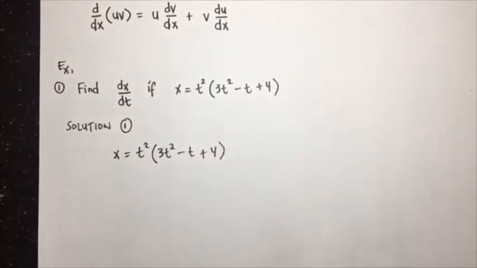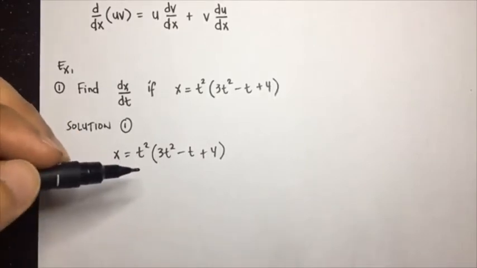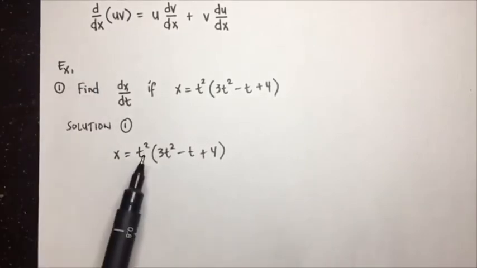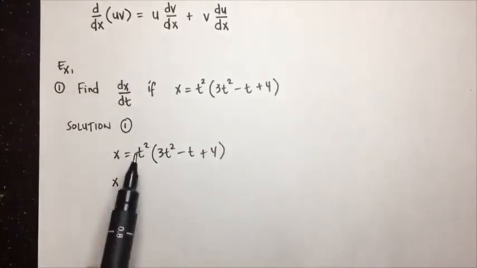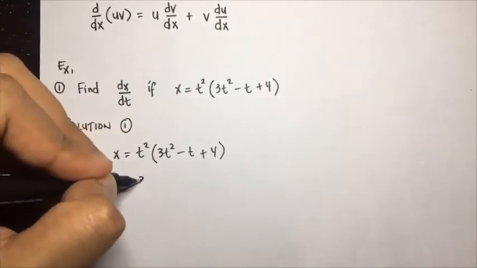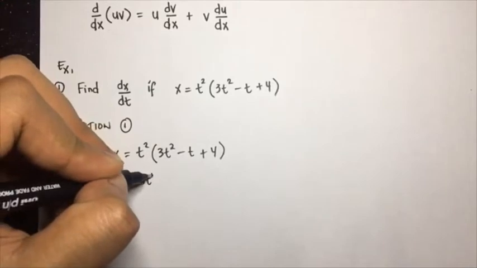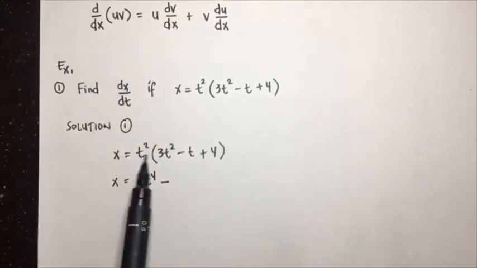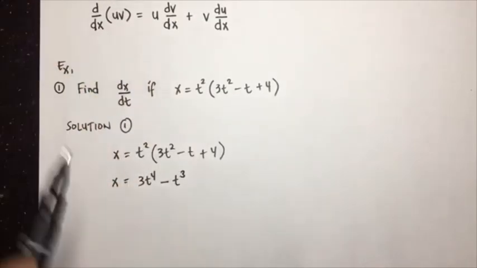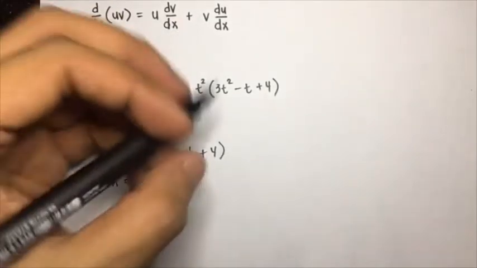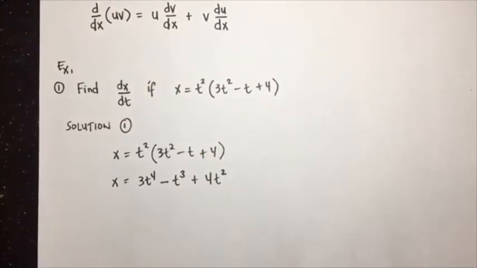Applying the distributive property, we will distribute t squared. So x is equal to t squared times 3t squared, that is 3t, and then add the exponents, so 2 plus 2 is 4, minus t squared times t, that is t cubed, and then t squared times 4, so that is plus 4t squared.